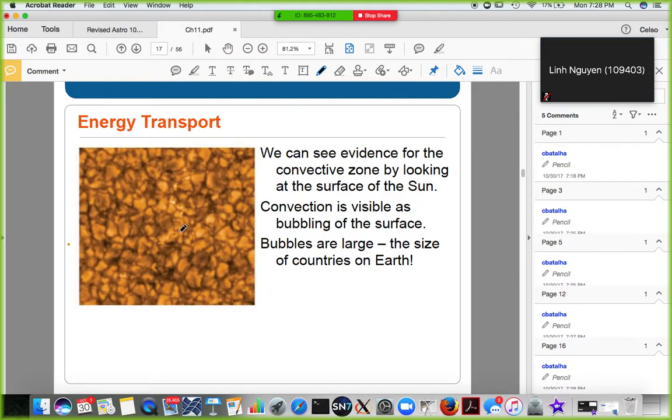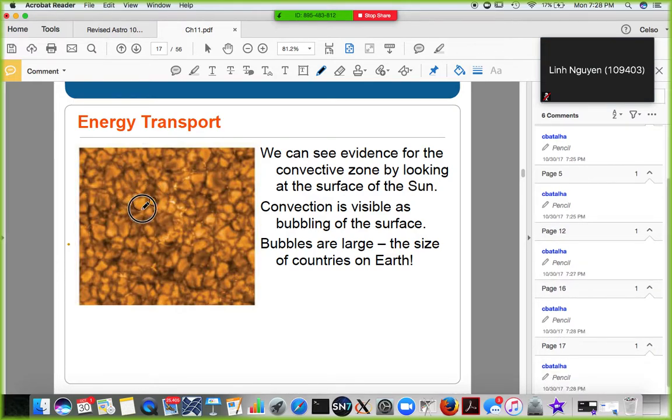And that's what we see. See all these little bubbles going up. They are called granulations, and each granule has 3,000 to 4,000 kilometers or so of diameter.